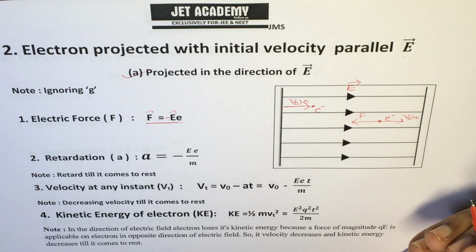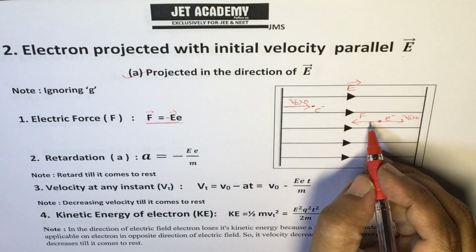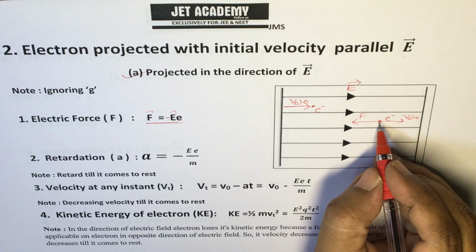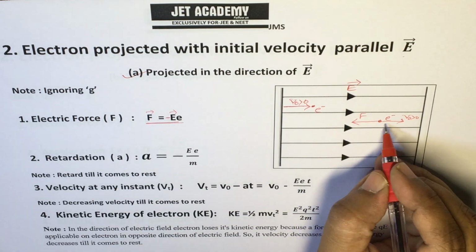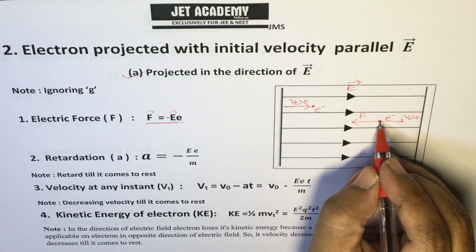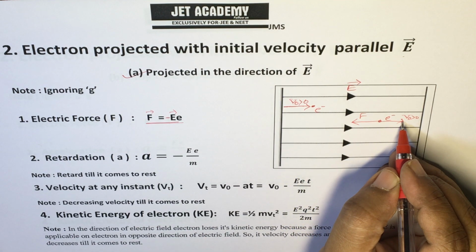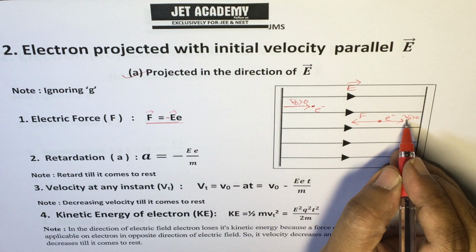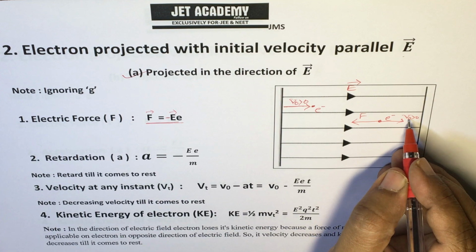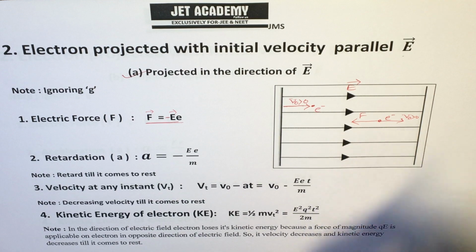Now the force is acting, and this is a resisting force, because the object is moving in this direction and the force is acting in the opposite direction. This force makes the velocity nullified, it reduces the velocity of the moving object.